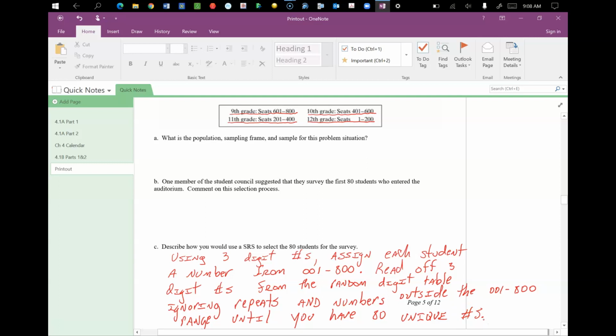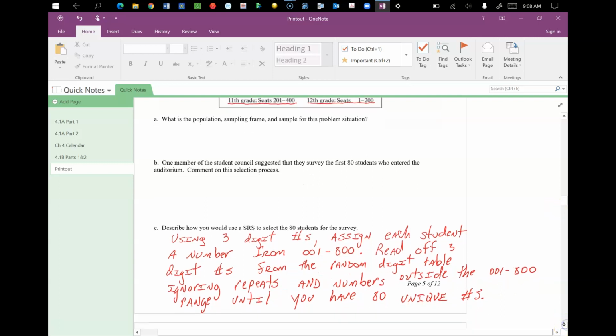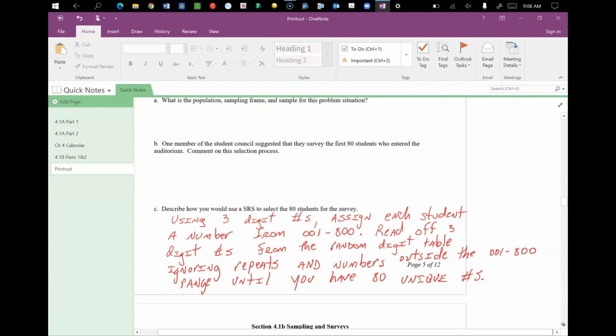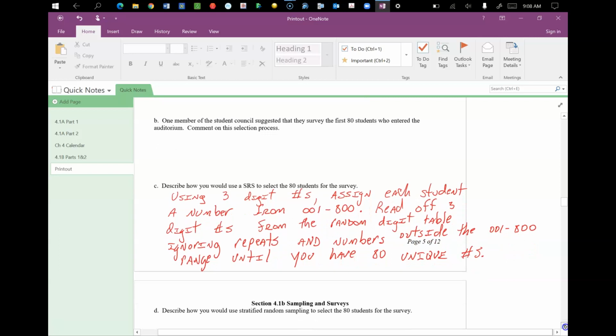It's that simple, but it also has to be that clear. Somebody has to be able to read your method and reproduce your method without question.